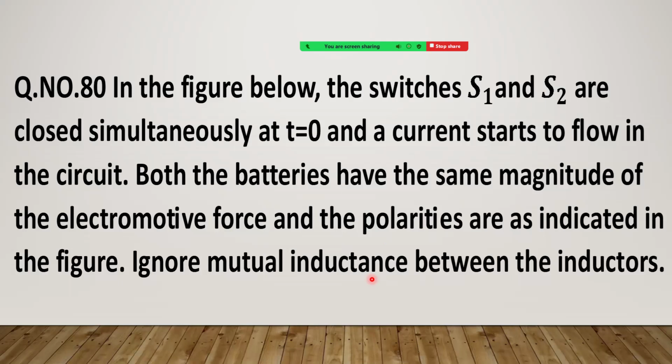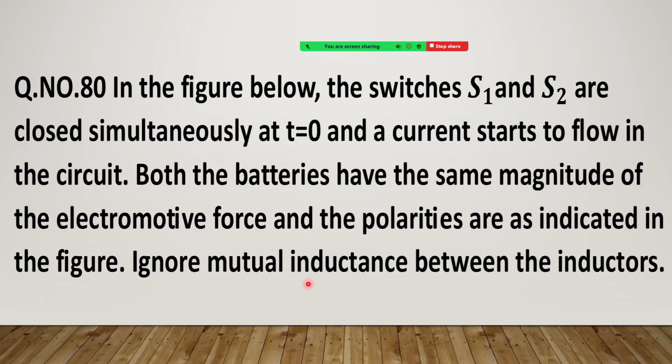Right. See the question given. In the figure below, the switches S1 and S2 are closed simultaneously at time t equal to 0, and a current starts to flow in the circuit. Both the batteries have the same magnitude of the electromotive force and the polarities are as indicated in the figure.